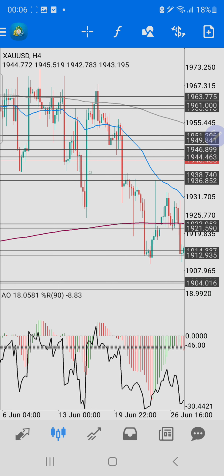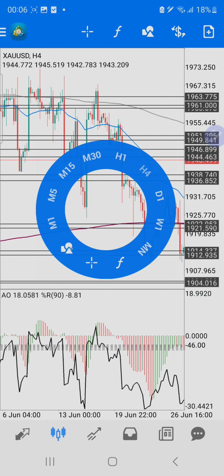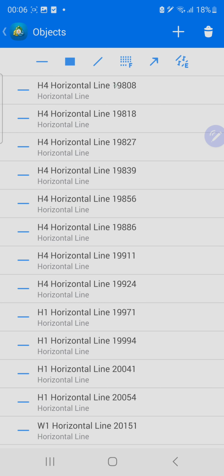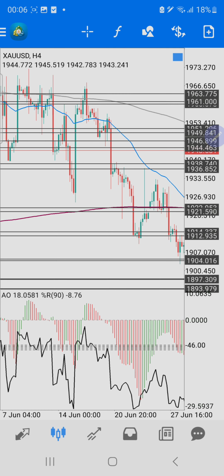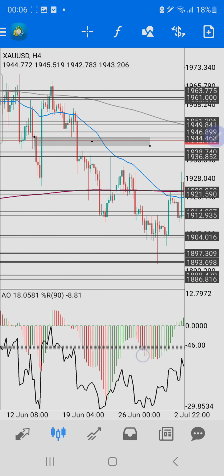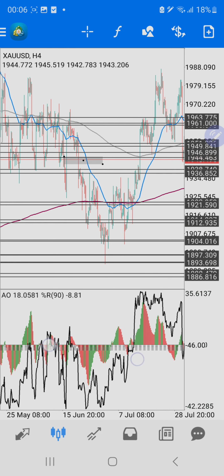All right, if we mark this area, what should I be doing? I should be putting up a box, so that you can understand easily. Let's drag this box.